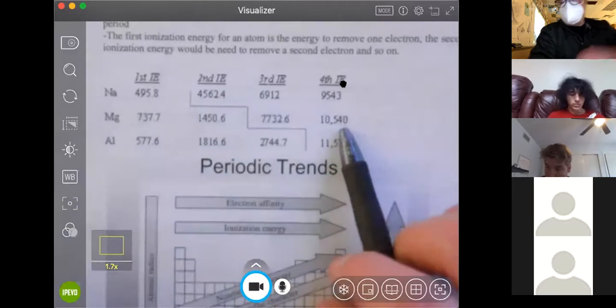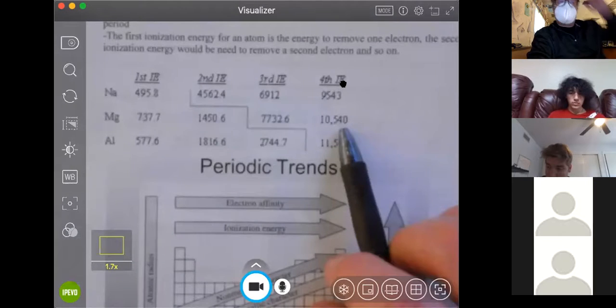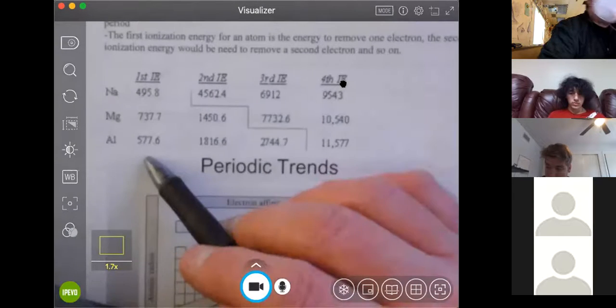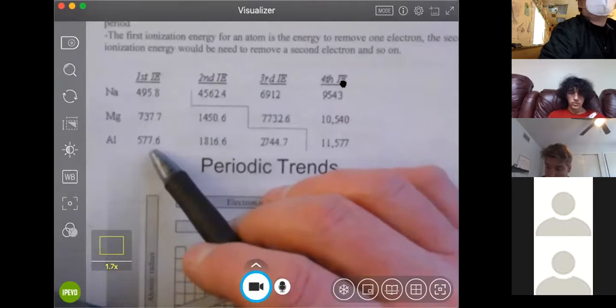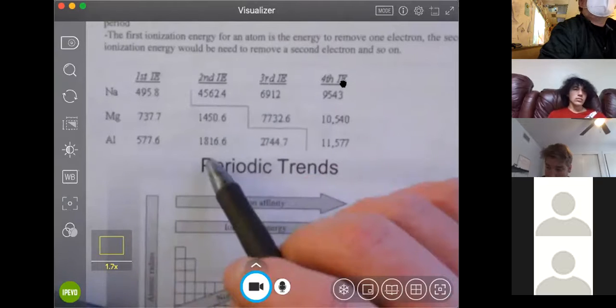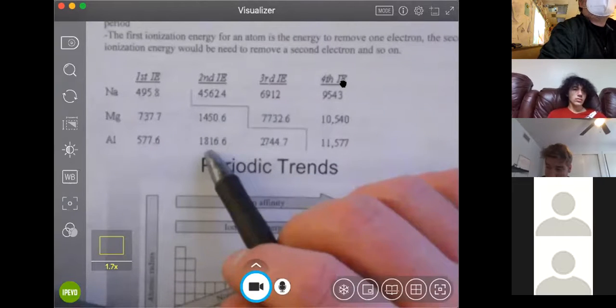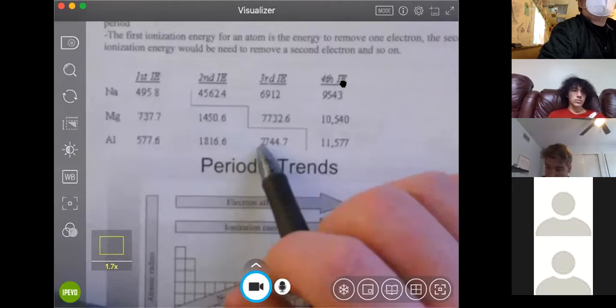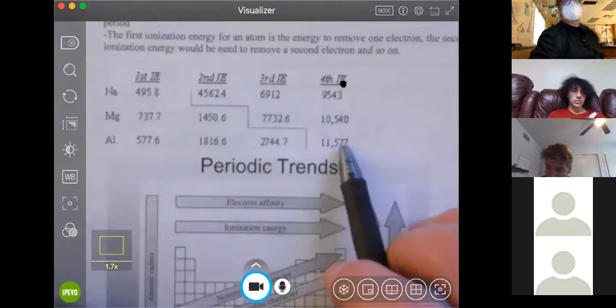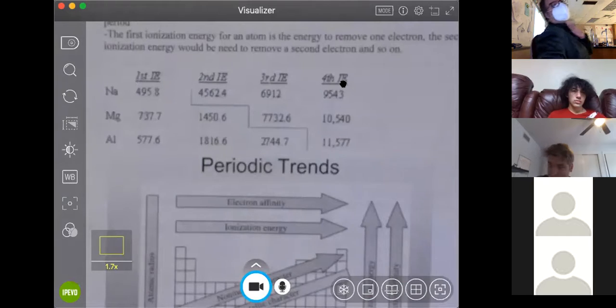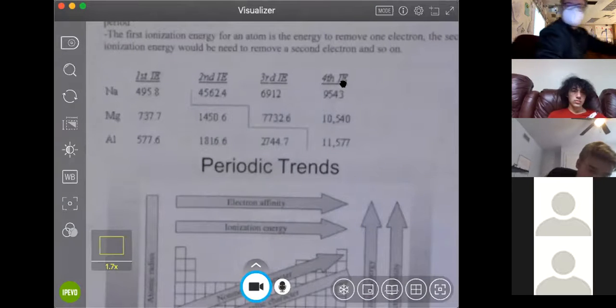And then even more if you got that one away and you wanted to take another one. For aluminium, though, it's about 600 kilojoules for the first one, 3 times more for the second one, and then less than double to take the third one. But then, boom, we're looking at 3 times more again to take the fourth electron.